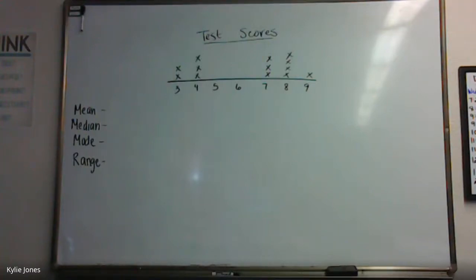I don't know if that's right. I added the 9 after. Oh, the 9 goes on the end. You have 3, 4, 5, 7.